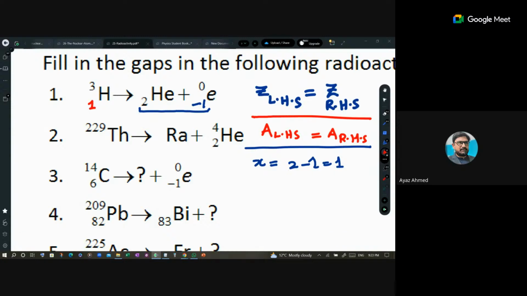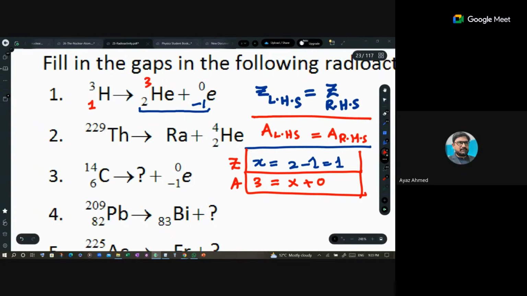Then for A, when I solve for A, 3 should be equal to X plus 0. It means X should be equal to 3. So I have to write 3 over here. Now check this one out. 2 minus 1, 1 on the right hand side and 1 on the left hand side, same. 3 plus 0, 3 and 3, they are the same. So is this clear to you?